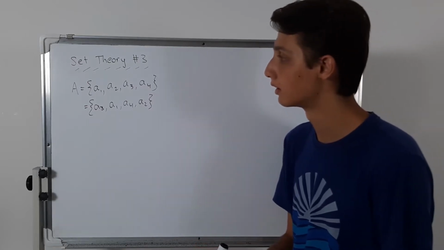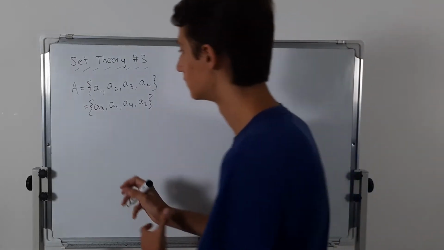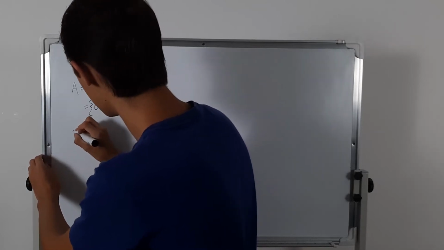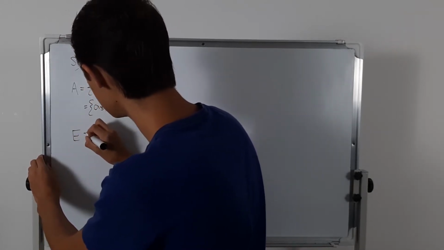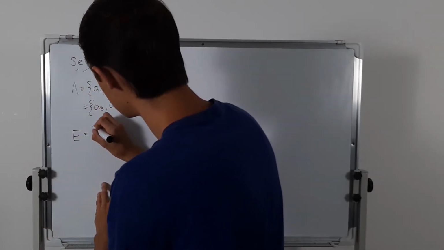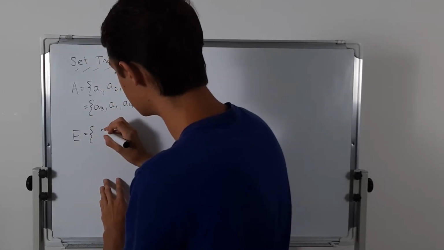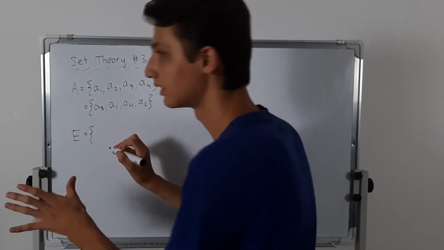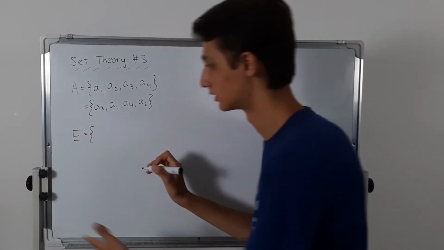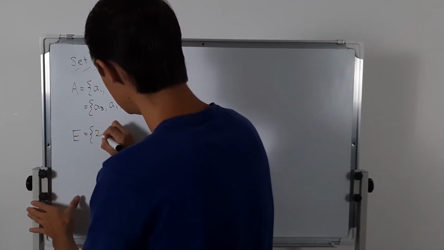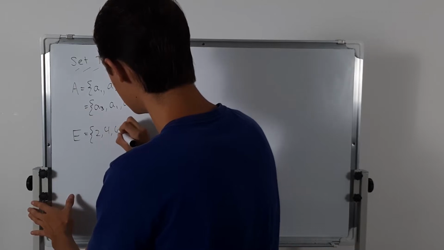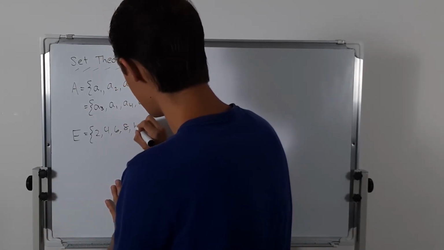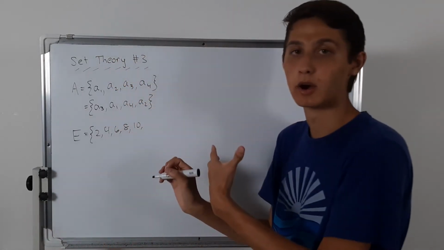What if we had, though, a set of even numbers? So I can call that set E. So the set of even numbers, we can write it as something like, let's say positive even numbers, just to make it easier. So we have 2, 4, 6, 8, 10, and we can keep going, right?